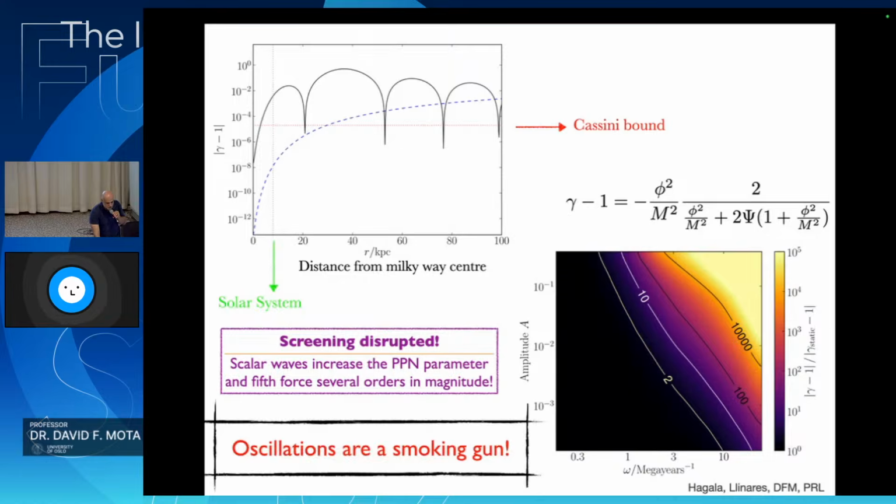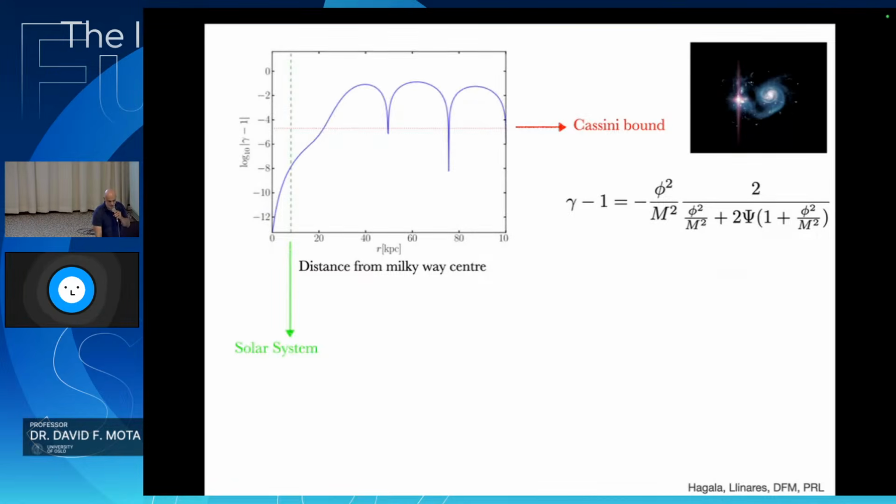Now, what is interesting is that we can get a smoking gun for our screening mechanism as well, because these oscillations that I'm showing you here on the PPN parameter can in fact be a signature. If there's a supernova going off, we can wait to see how long this scalar field takes to propagate through our galaxy, through our solar system, to see if our PPN goes up to 10 to the minus 2 with the Cassini.